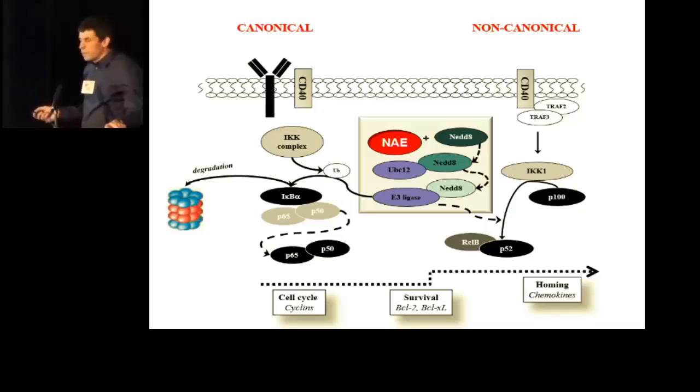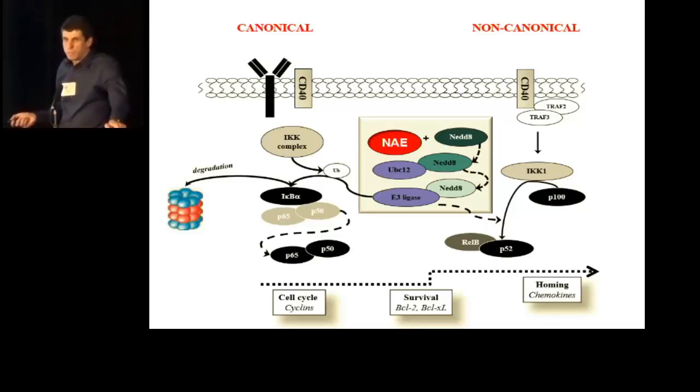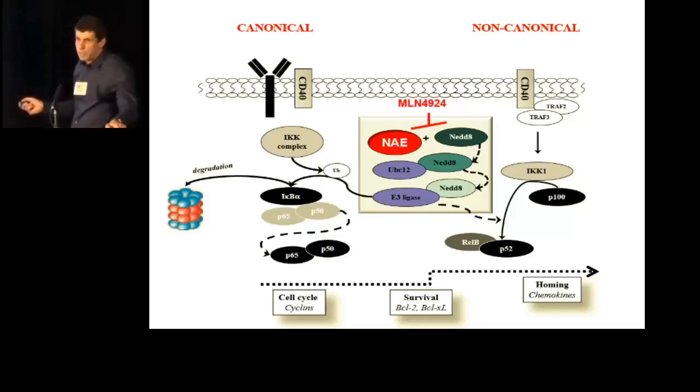E3 ligase is activated through a multi-step process, which essentially requires the NEDD8 activating enzyme. So the interaction of the moiety called NEDD8 and NEDD8 activating enzyme is what MLN4924 targets. MLN4924 forms a covalent adduct with NEDD8, and that prevents activation of NEDD8 activating enzyme and therefore all subsequent steps.